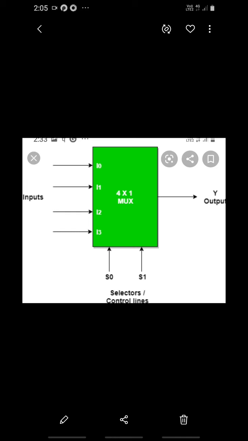The logic symbol of the 4 into 1 multiplexer is shown in the above PPT. Here 4 into 1 means it contains 4 inputs and a single output, with selector lines or control lines S0 and S1.